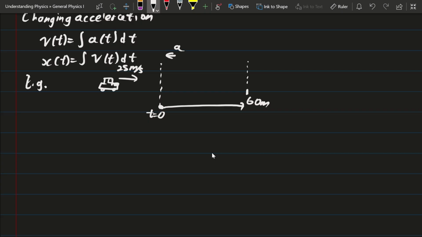So we could just describe this using one of the equations, which is v squared minus v0 squared equal to 2a(x minus x0). And let's just state that at time 0, x would be 0. So let's just use the x0 here to be 0 and the x to be 60.